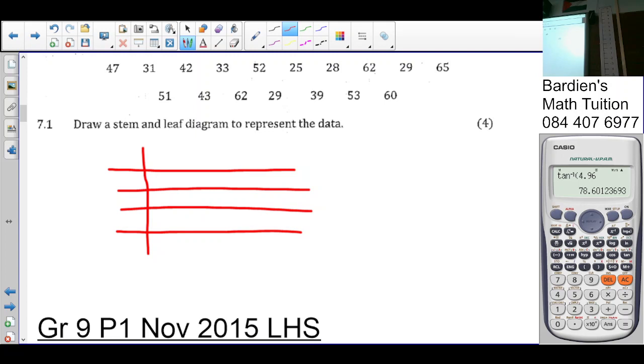So is there any in the single units? No. Teens? No. 20s? Yes. 20s, 30s, 40s, 50s, 60s. Is there any 70s?